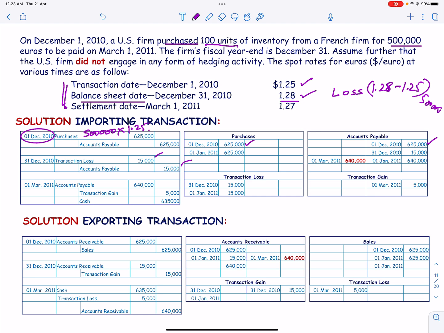And the T account will be, we have a transaction loss on 31st of December, and there is an increase in our accounts payable for 15,000. Now the balance for all these accounts for the year 2010 is 625, 640 and 15.